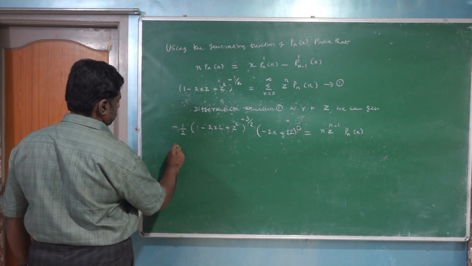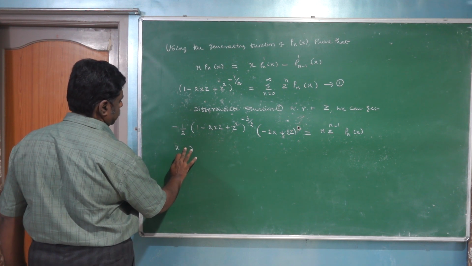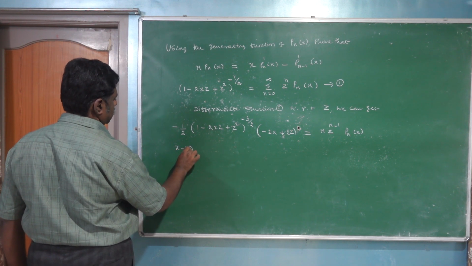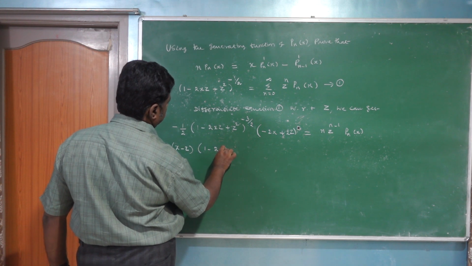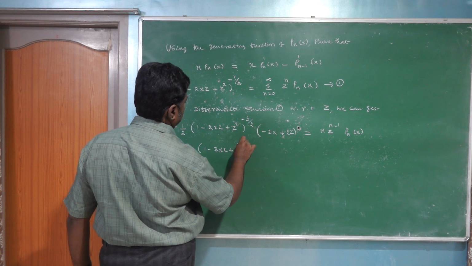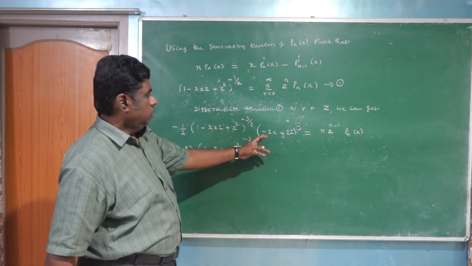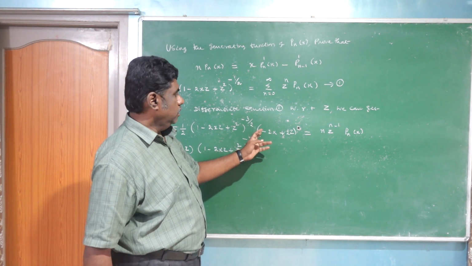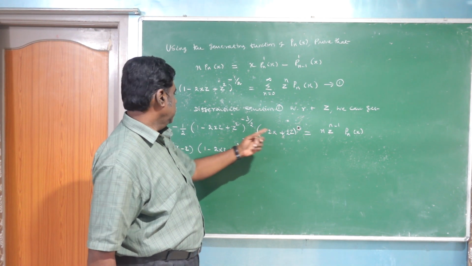There is x minus z. Just take minus 2 outside. If you take minus 2 outside, this is treated as x minus z.